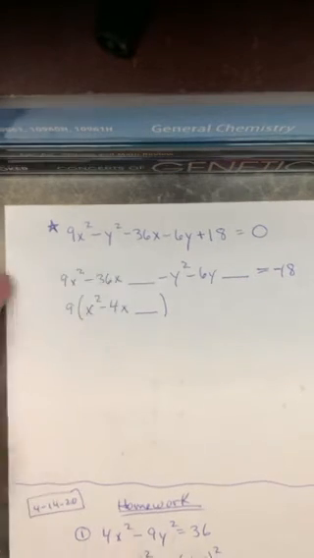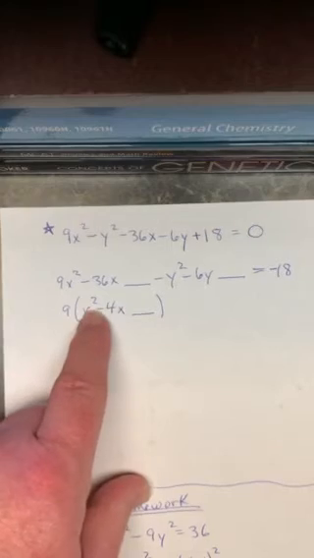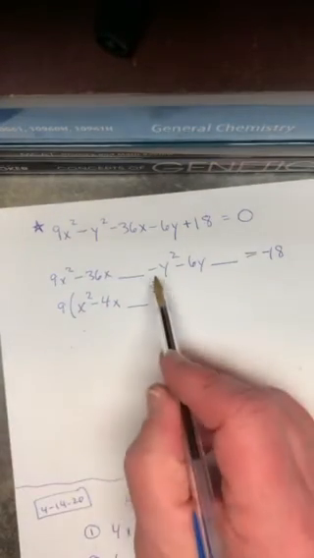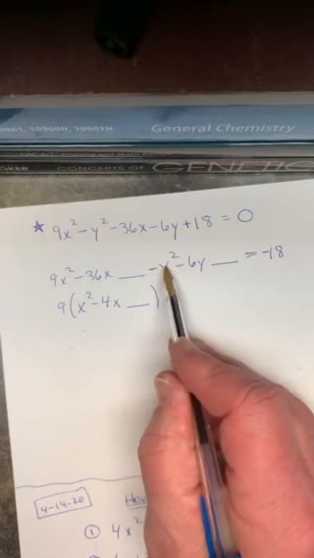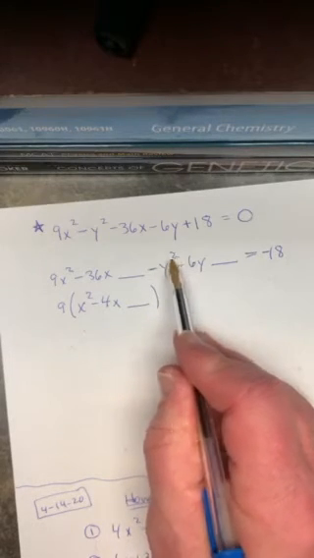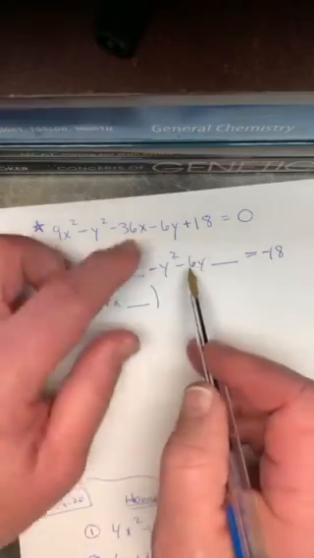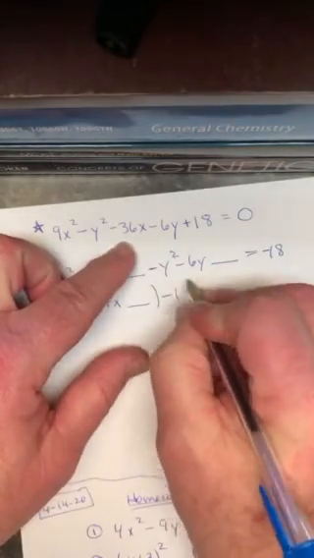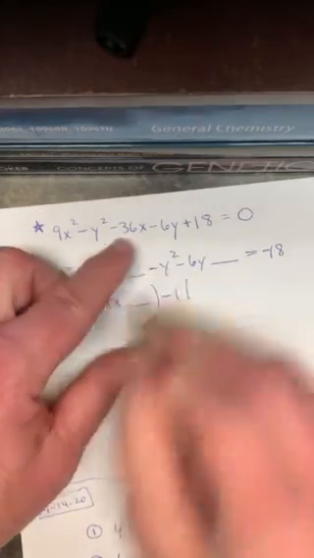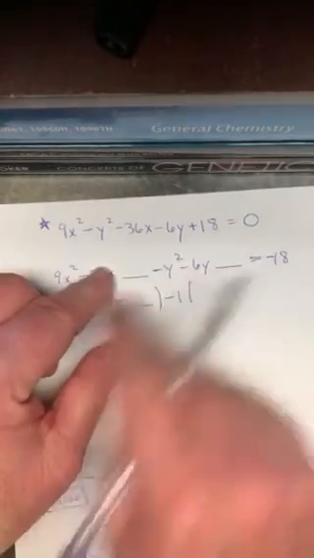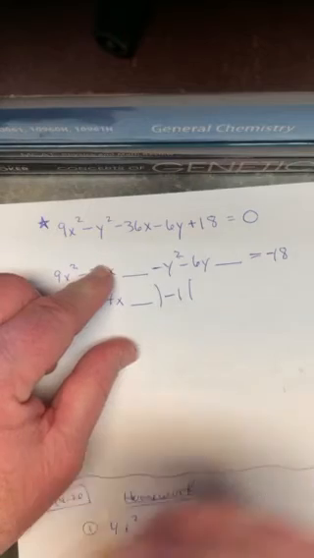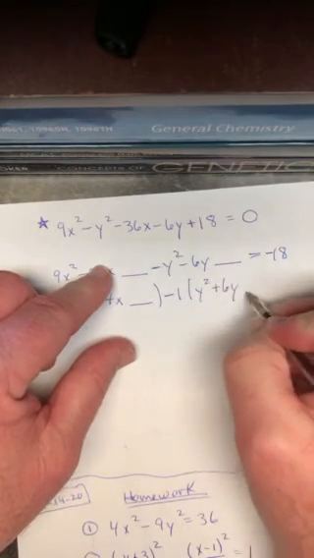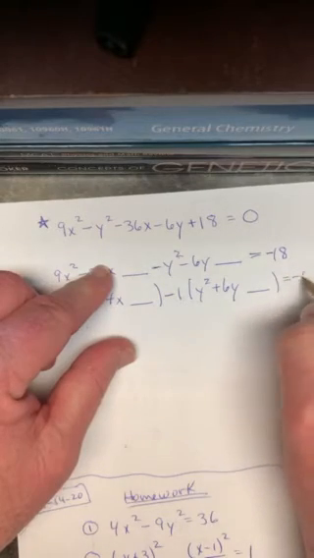Do you agree if I factor out a 9, it gives me x squared minus 4x and a blank space? And notice here, there's a minus in front of my y squared. If I'm going to complete the square, I don't want a number in front of the y squared. So technically, I'm factoring out a negative 1 from that family. And all that does is change the signs to y squared plus 6y, blank space, equals negative 18.